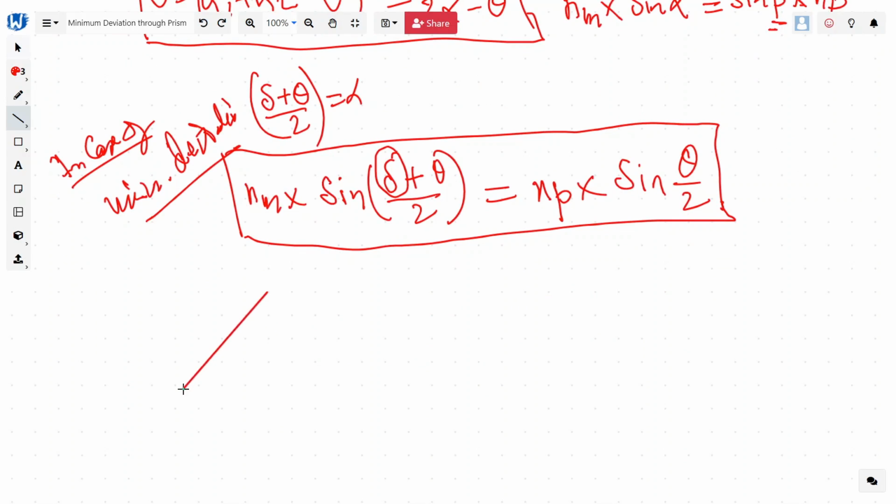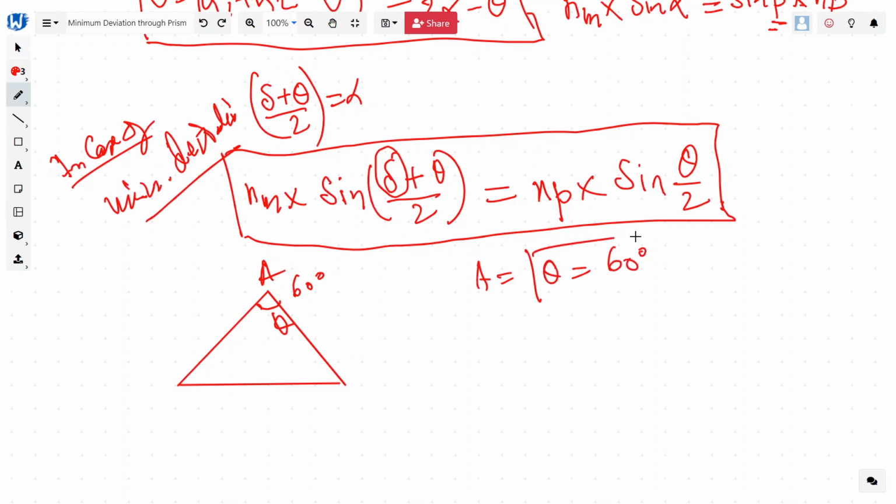Now suppose we have an equilateral prism here, which means that the angle of prism is 60 degrees. So we know the apex angle A, or this is theta, right? So theta we know is 60 degrees.